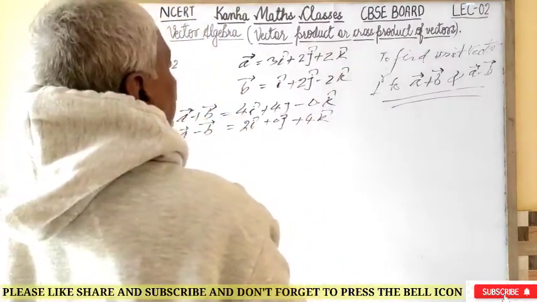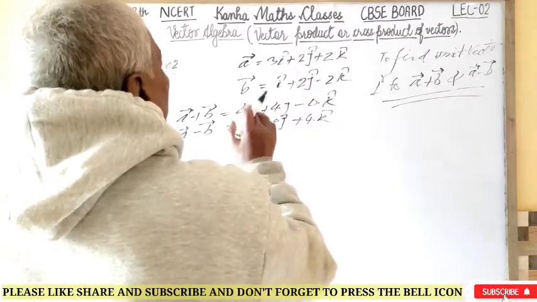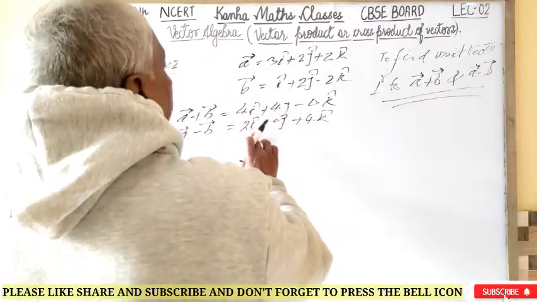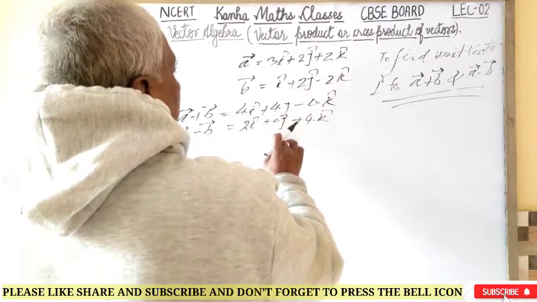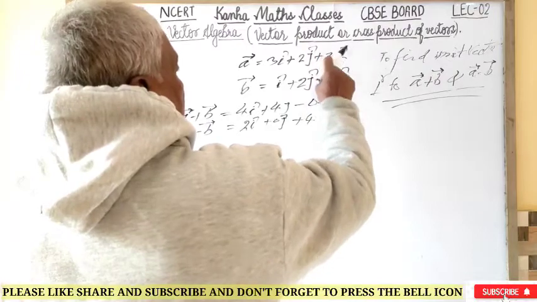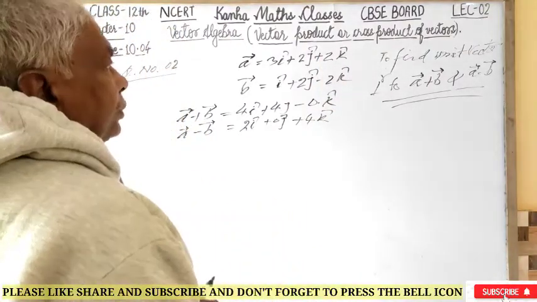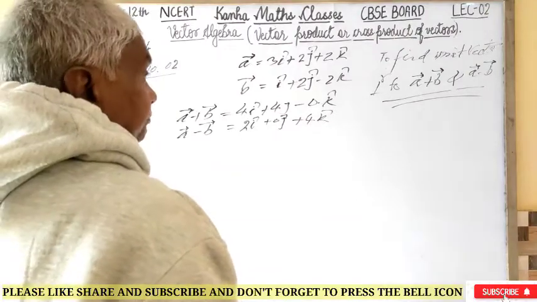And vector a minus vector b is equal to 3i minus i, 2i, plus 0j, and 2 plus 2, 4k. Now simply we have to find out a unit vector.